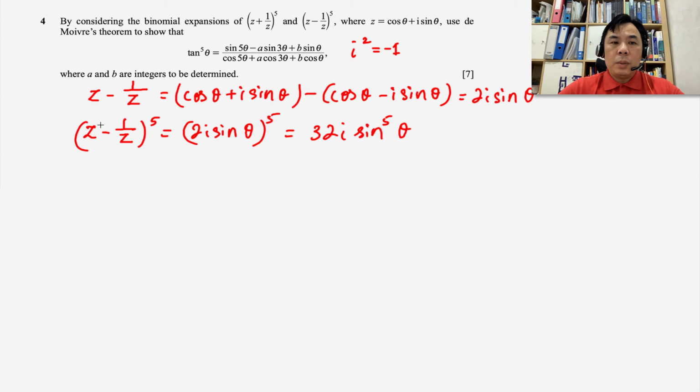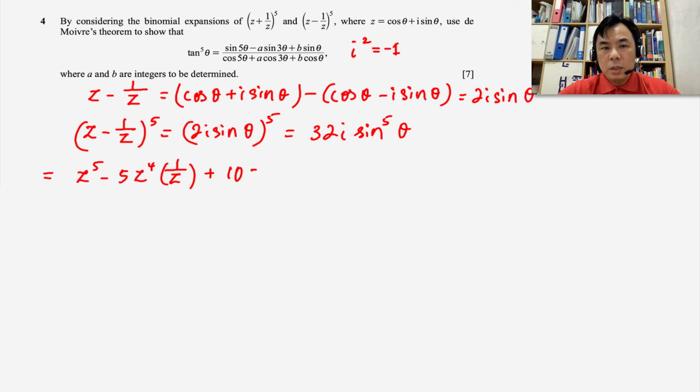And then by using binomial expansions one more time here, I'll get z^5 minus 5 z^4 times 1 over z, and then after that I will have my plus, z^3 times 1 over z^2, which is a 10 z^3 here.